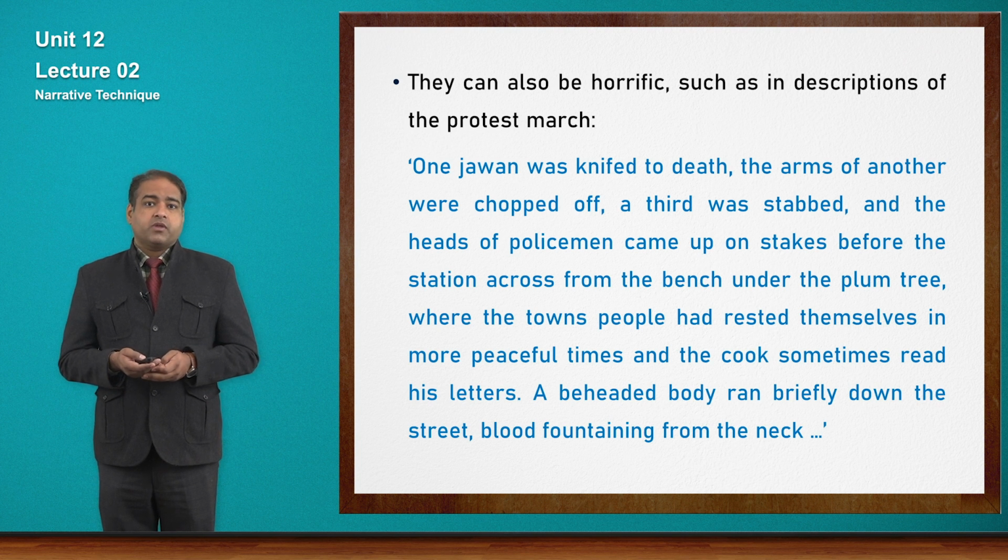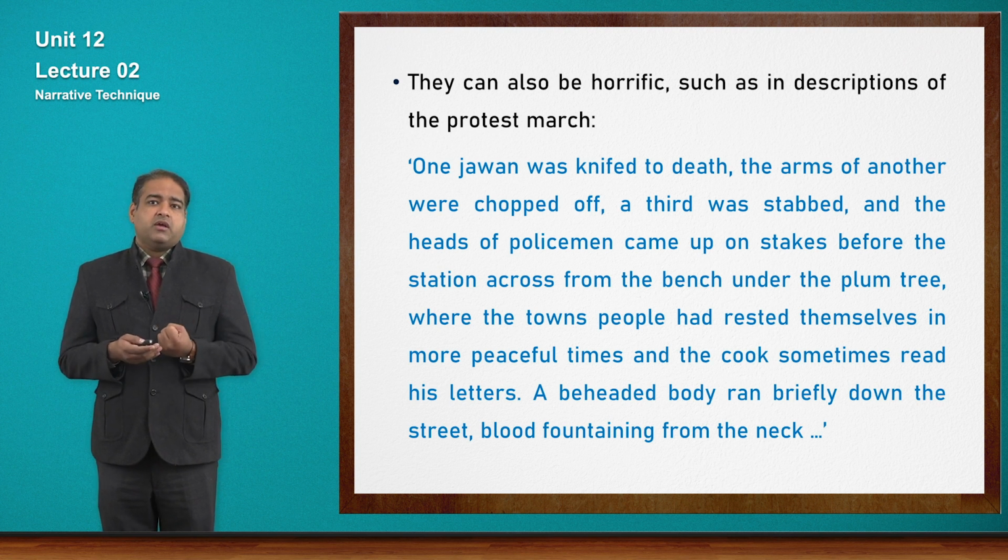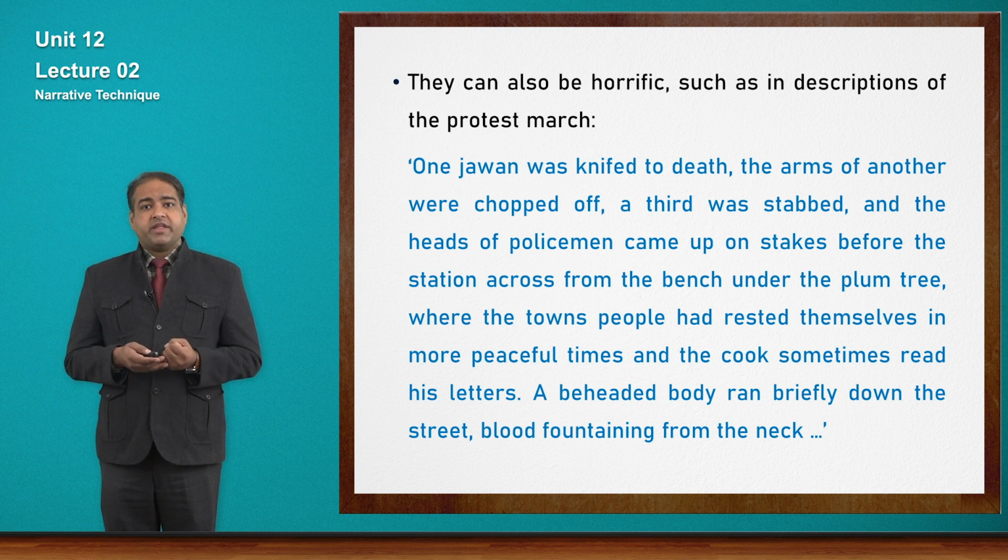So friends, this is the kind of image which suggests the breaking of peace, the breaking of the natural environment which is visible at this place, Kalimpong. There was one Jawan who was knifed to death.